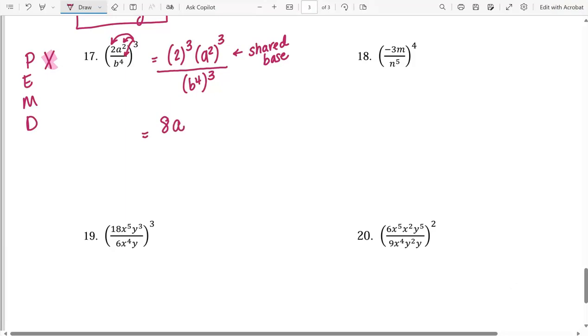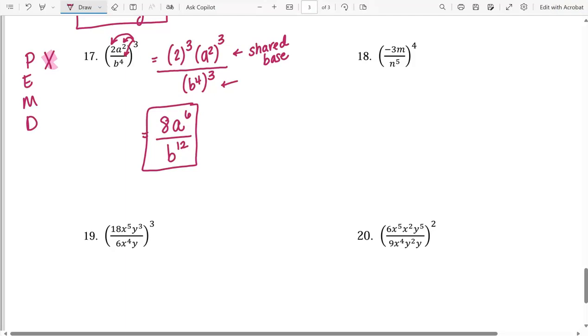Write the a one time and multiply. 2 times 3 is 6. On bottom, again, I'm sharing that base of b, so I write the b one time and multiply 4 times 3 is 12. There was no other multiplication or division to deal with.